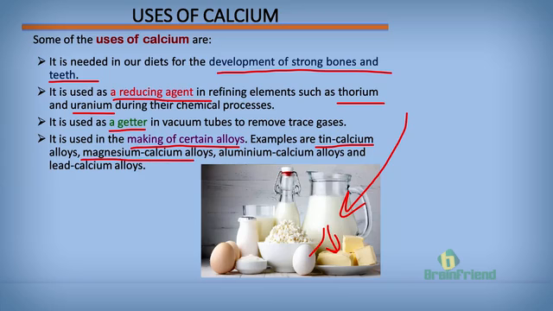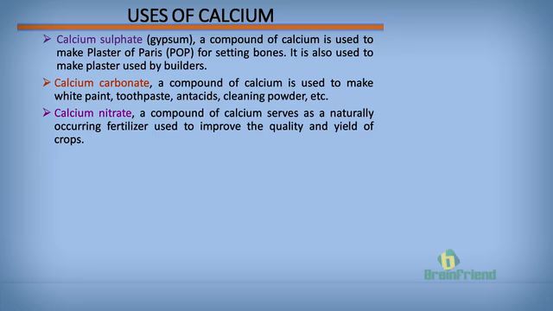Then we also have aluminum calcium alloys and lead calcium alloys. So this is a metal that can be combined with other metals or elements to give a different and more valuable metal.